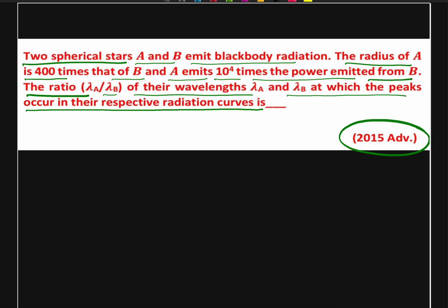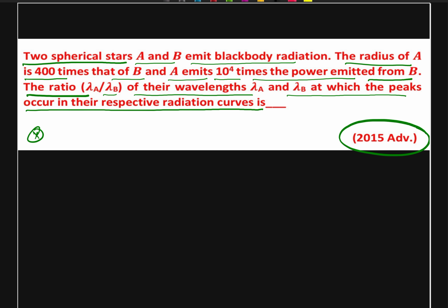Basically, we have to find their ratio, and lambda A, lambda B are called peaks, which is nothing but the maximum value of their wavelength. And for that, we are going to start with Wien's displacement law.